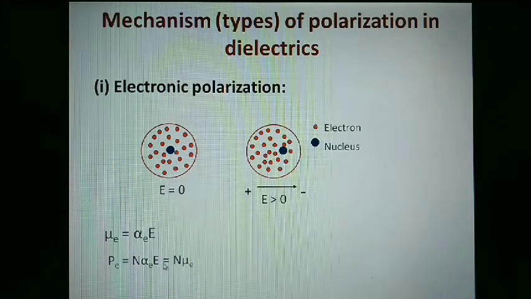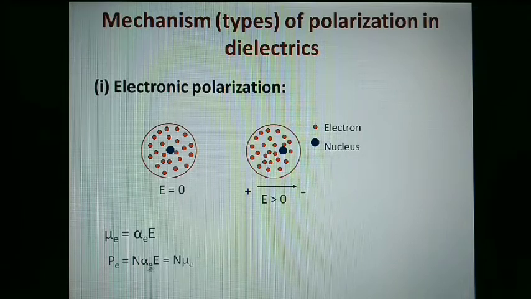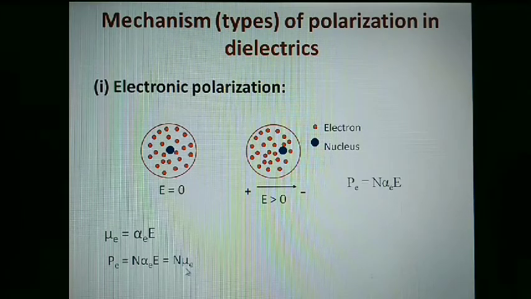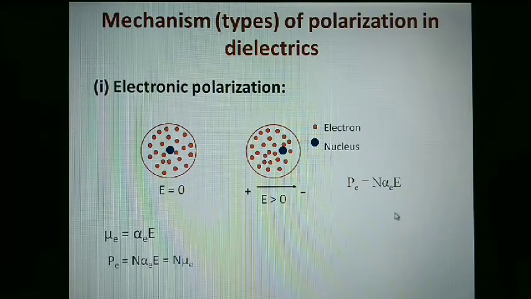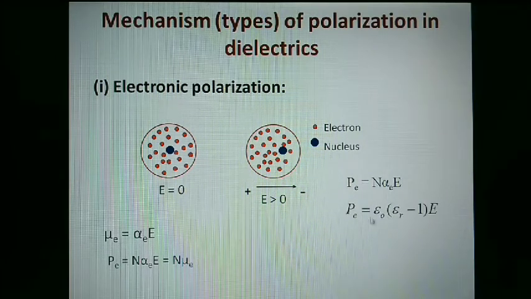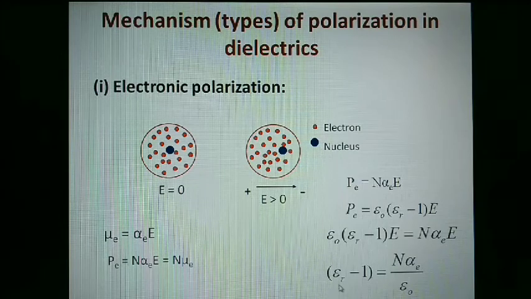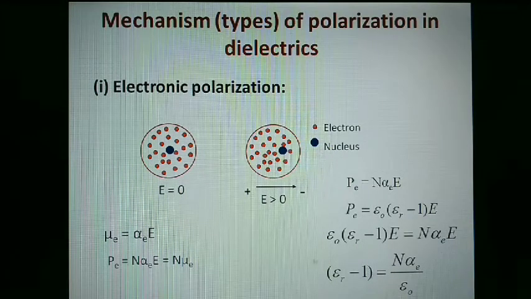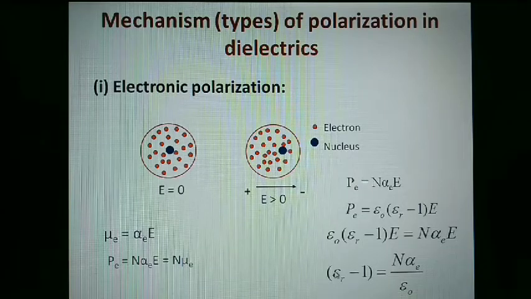Since alpha E into E is mu E, we can express it in these terms. Using this equation, it is also possible to obtain one more relation, that is epsilon r minus 1 is equal to N alpha E by epsilon naught. As I mentioned earlier, epsilon r minus 1 is chi, that means it is the susceptibility.